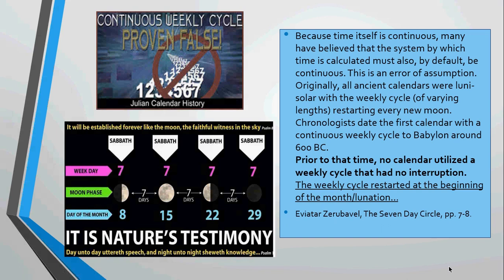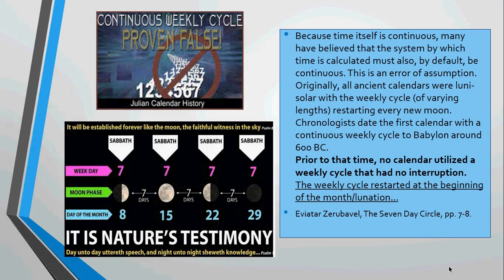Chronologists date the first calendar with a continuous weekly cycle to Babylon around 600 BC. Prior to that time, no calendar utilized a weekly cycle that had no interruption. The weekly cycle restarted at the beginning of the month lunation.